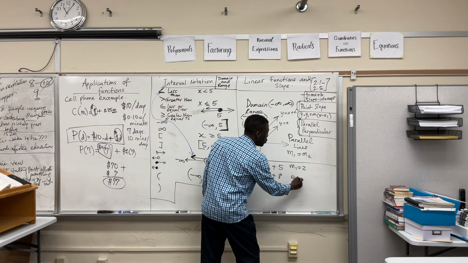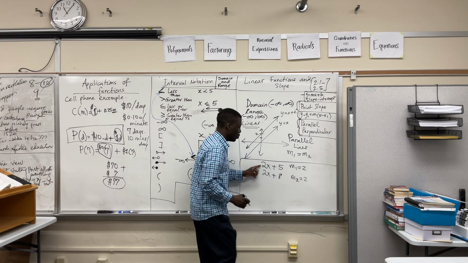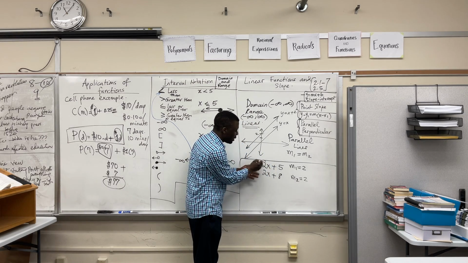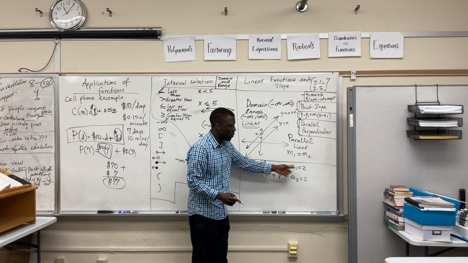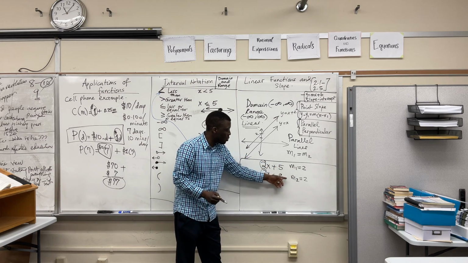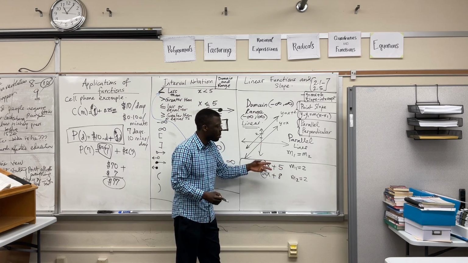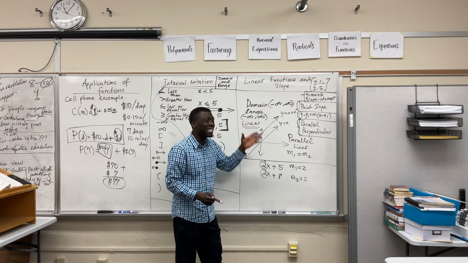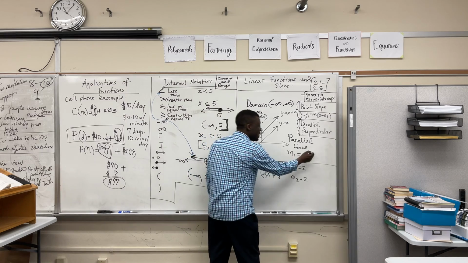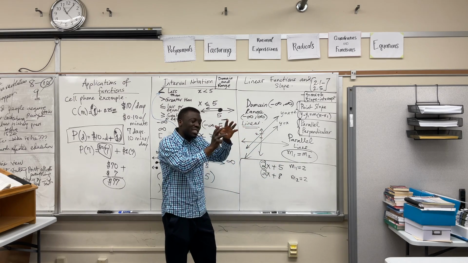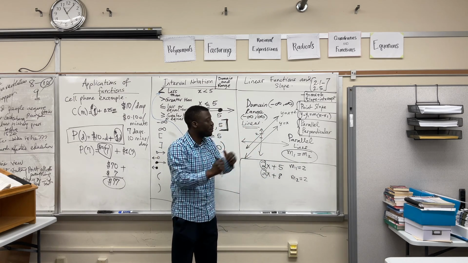The slope 2 is also 2, right? So I'm calling this M1 and M2. M1 representing the first equation, M2 representing the second equation. The y-intercepts are different, but the slopes are the same. So parallel lines have the same slope. If the slope is the same for 2 lines, they're parallel.